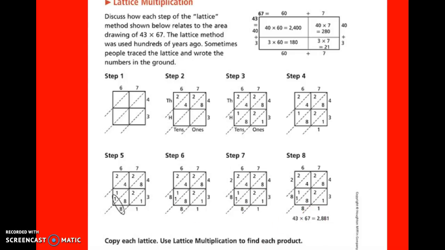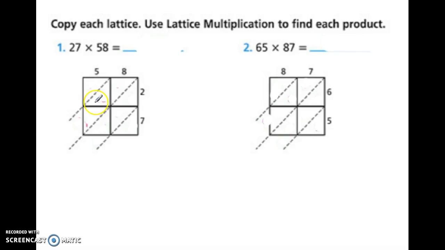All right, let's just go ahead and try one here. And then I'll let you give it a shot if you want. Again, I just multiply these two numbers. 8 times 2 is 16, so I put my 1 and my 6. 2 times 5 is 10. 7 times 5 is 35. 7 times 8 is 56. And there's the 7 and there's the 8.